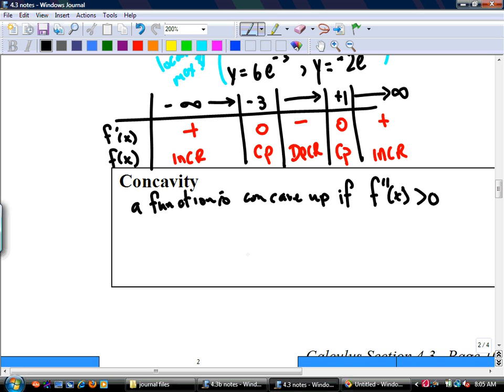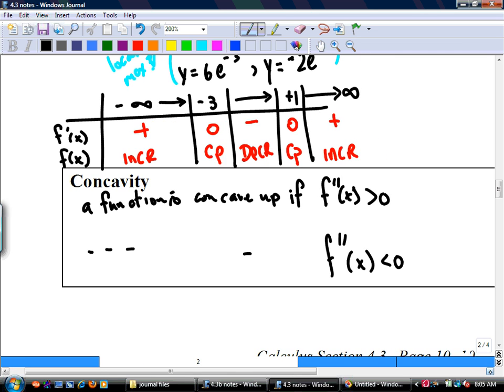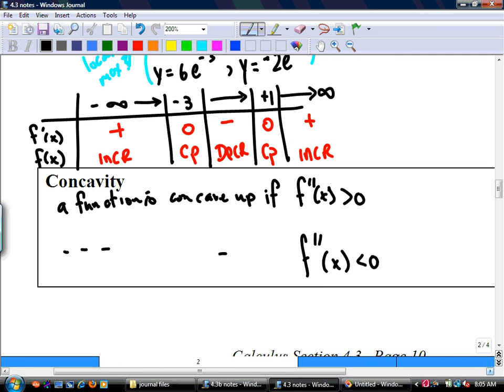Okay, concavity. We should talk about concavity, shouldn't we? A function is concave up if f double prime of x is bigger than 0. A function is concave down if f double prime of x is less than 0. Now what you just need to think about this as umbrellas. Concave up umbrellas are really bad. They tend to hold water. Concave down umbrellas are good.